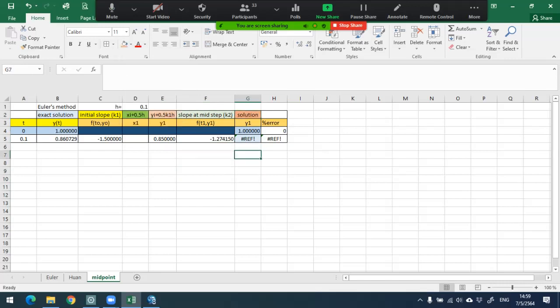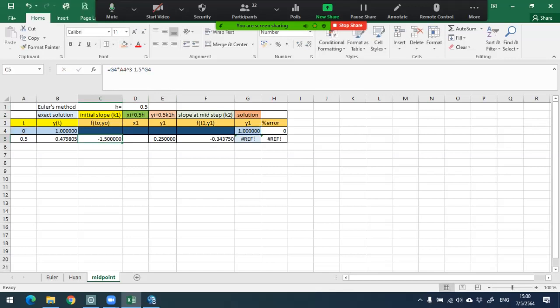Now, how can we start? We set h up, it should be 0.5 first. And the initial slope is equal to what? Equal to yi times t power 3 minus 1.5y.